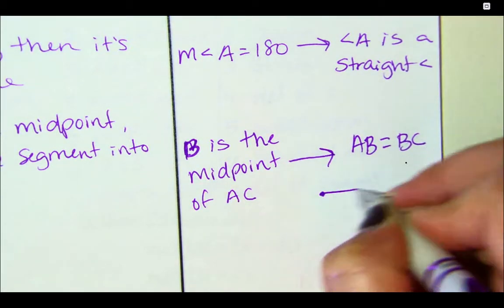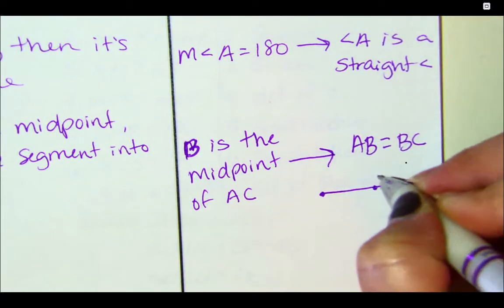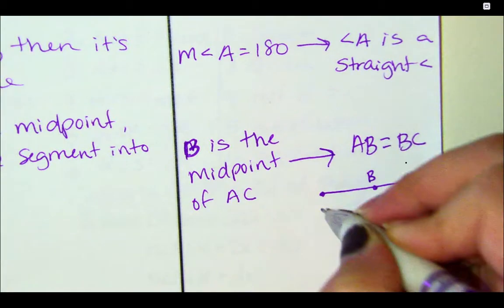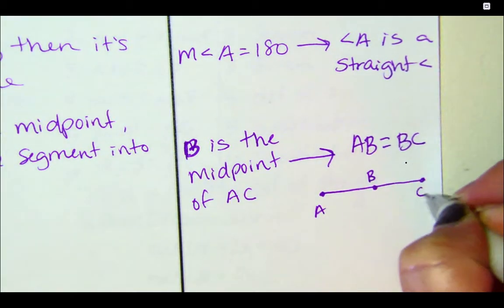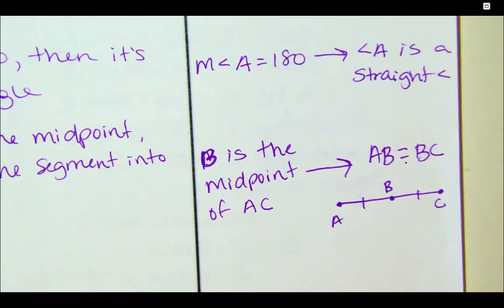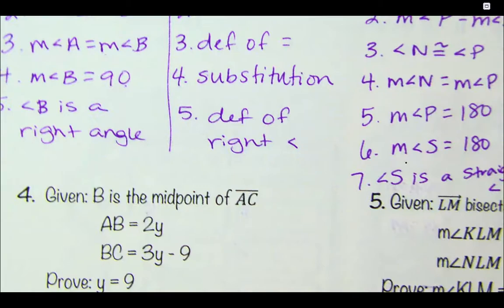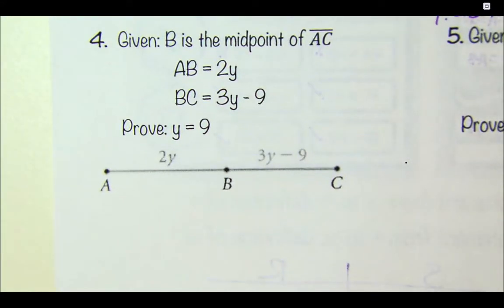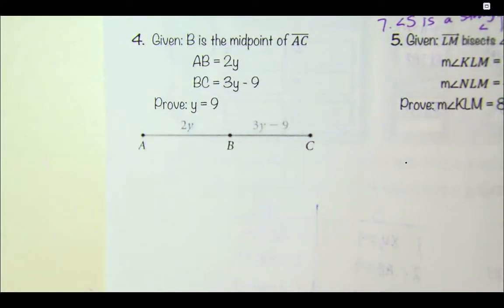Here's a picture. So these two pieces are congruent or equal. So let's try proof 4 now with that information.